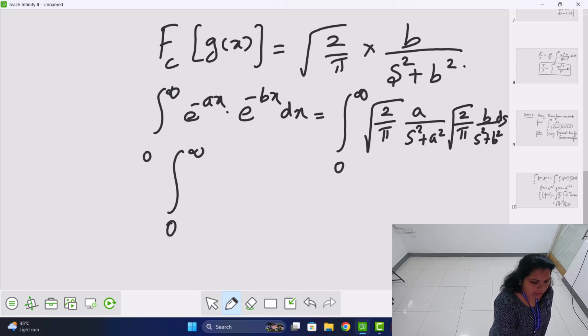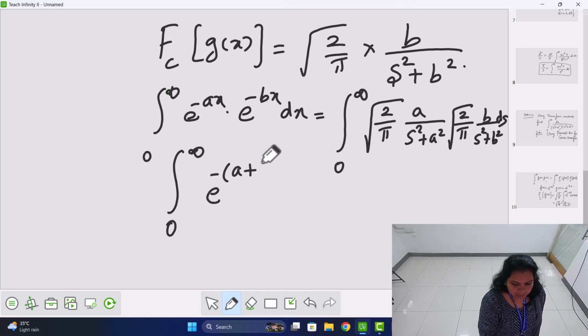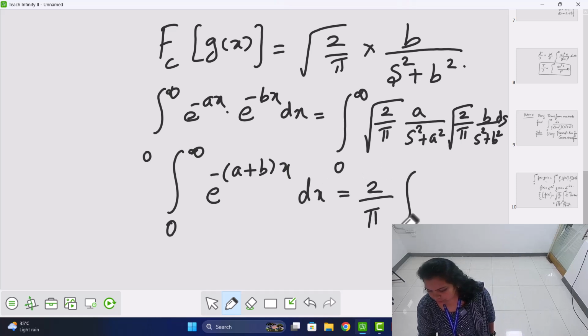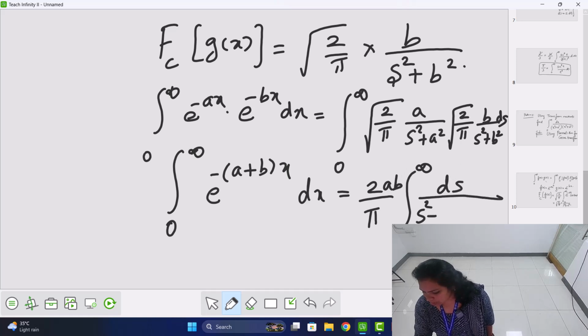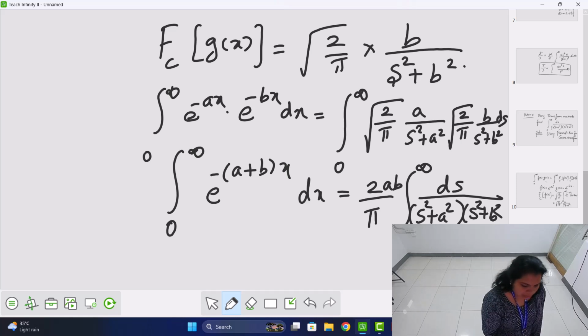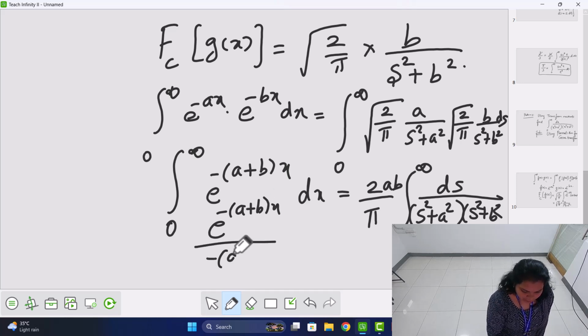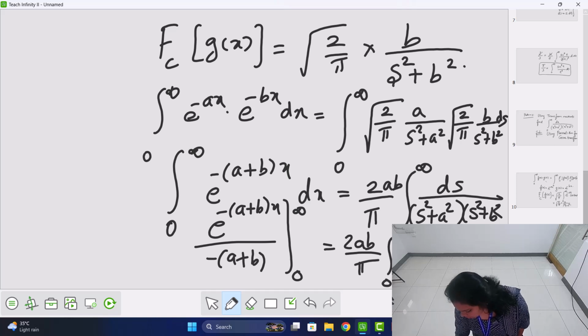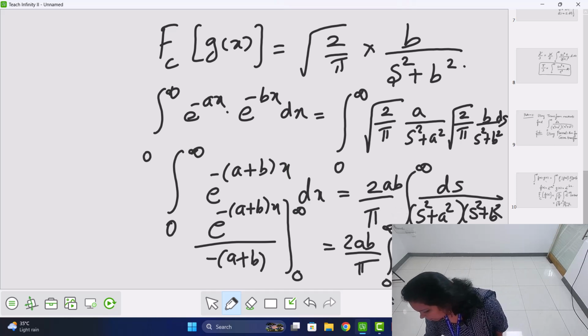So integral 0 to infinity e power minus of (a plus b) into x dx equal to, substitute here, 2 by pi integral 0 to infinity, ab also take it out, ds by (s square plus a square)(s square plus b square). So now if you integrate here, what do you get? e power minus (a plus b) into x divided by minus of (a plus b), 0 to infinity, equals 2ab by pi integral 0 to infinity ds by (s square plus a square)(s square plus b square).